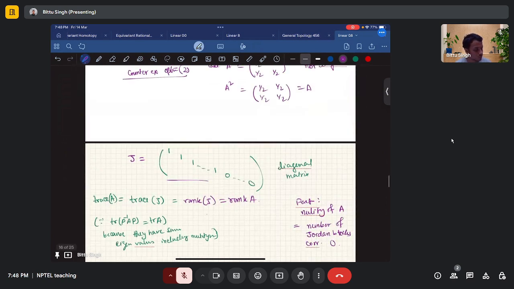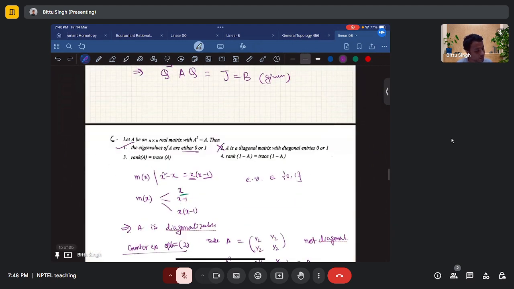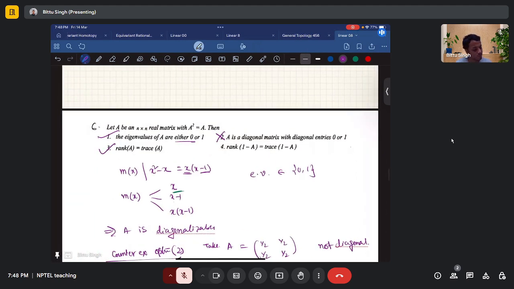Therefore, option 3 is true, correct. The rank of A and the trace of A are the same.